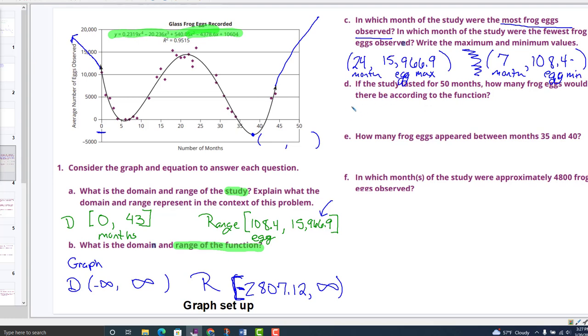So the next thing, it wants us to predict. We are wanting to see what is going to happen at 50 months. We did not do our study out to 50 months. So what are we going to use to help us predict? Your graph. And so y'all are going to use your trace feature and go until your x says 50.